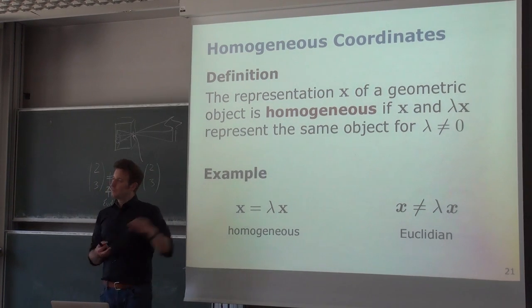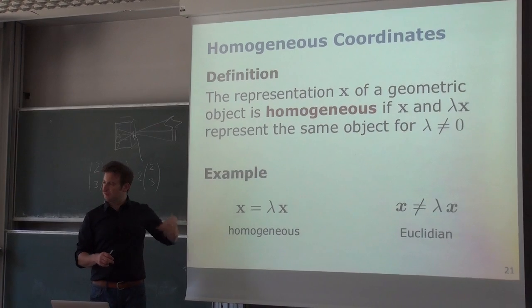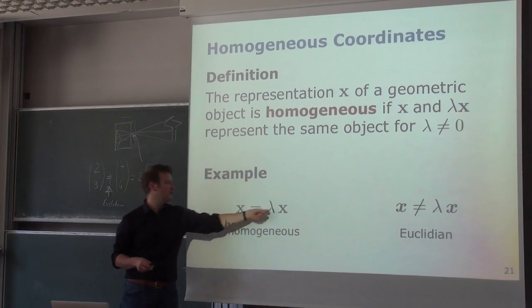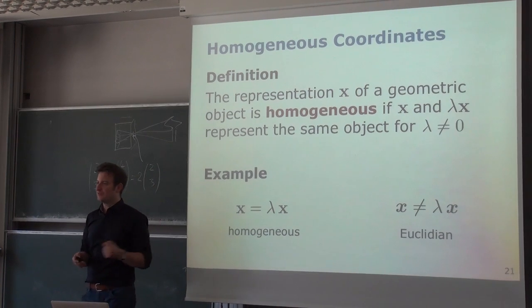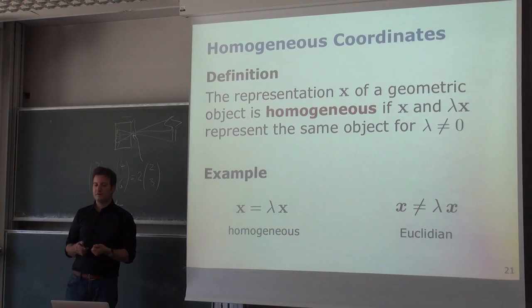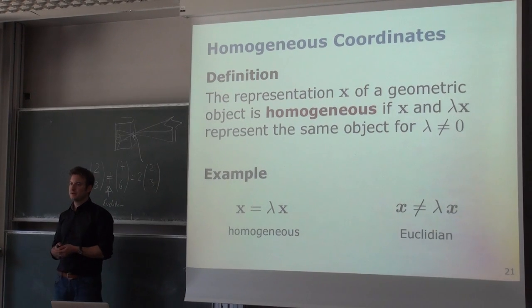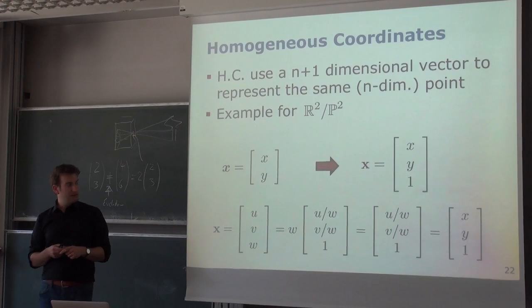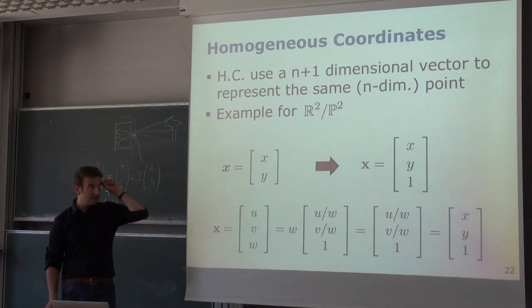When you see these things for the first time, it's typically somewhat counterintuitive. So how should an object which has this property actually look? The homogeneous coordinates of an n-dimensional object are typically obtained by simply using one dimension more. We move from an n-dimensional space to an n plus 1 dimensional space by adding one new dimension.